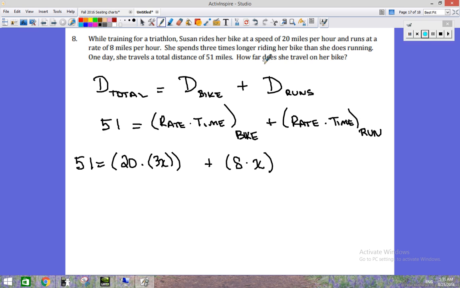Now, eventually, how far does she travel on her bike? We want to know this first. This is the number that we're going towards. As soon as we find the length of time that she runs, we'll plug that in, multiply it by 3 for the length of time that she bikes, times the 20, and it'll give us that distance.